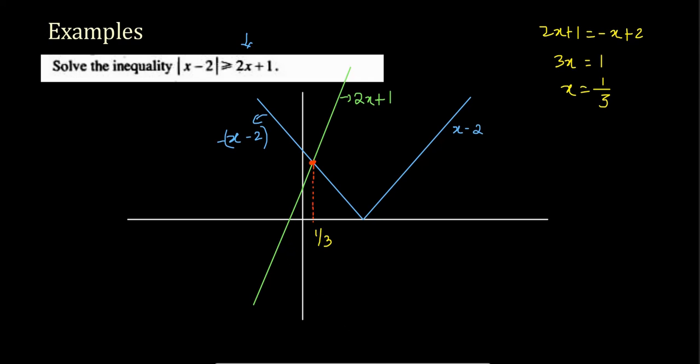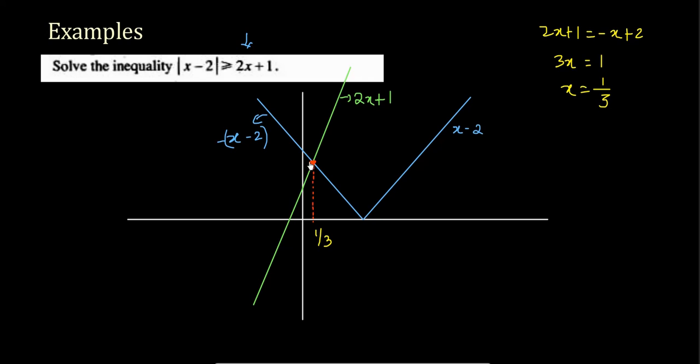Now if you look closely here, after this x equal to 1 by 3, this green curve, meaning 2x plus 1, lies above the blue curve, right? So after x equal to 1 by 3, for x greater than or equal to 1 by 3, mod of x minus 2 is always less than 2x plus 1, right?